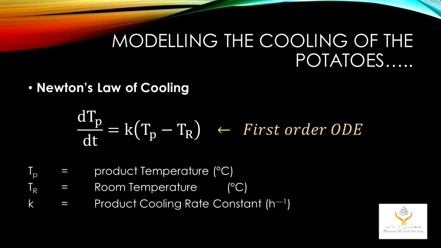Okay, so we'll come back to that. You mentioned first order ODE. What does ODE stand for? ODE is ordinary differential equation. What that means is it's only dependent on one independent variable, time. Sometimes physical systems can vary with time as well as position.